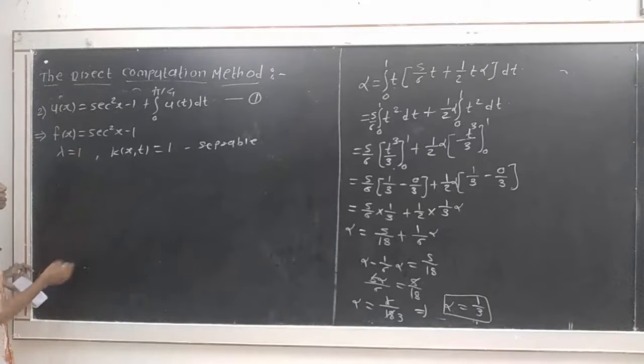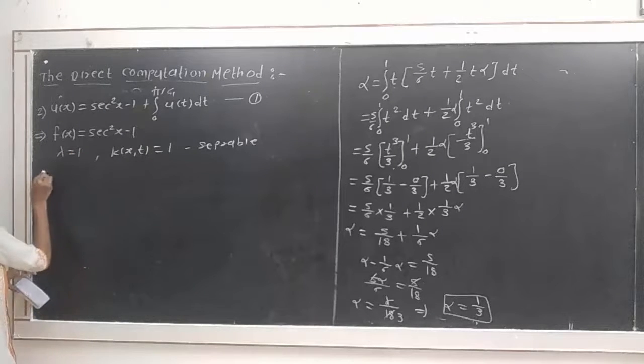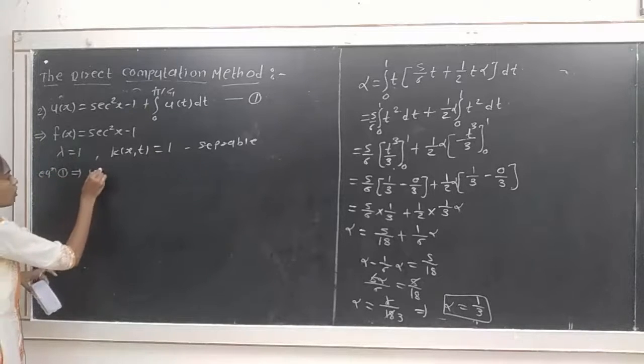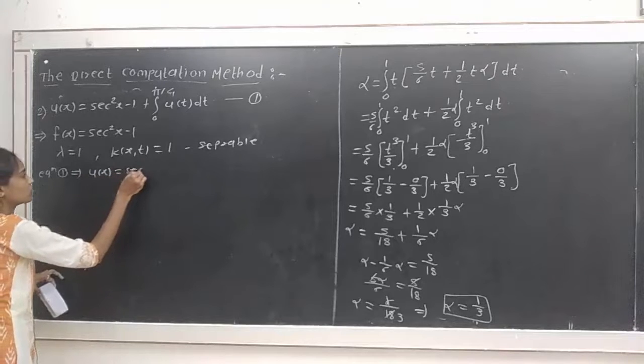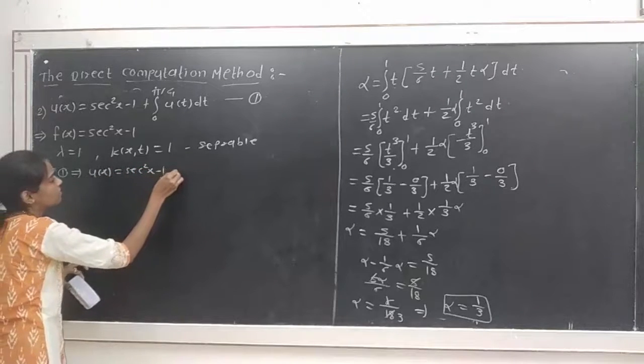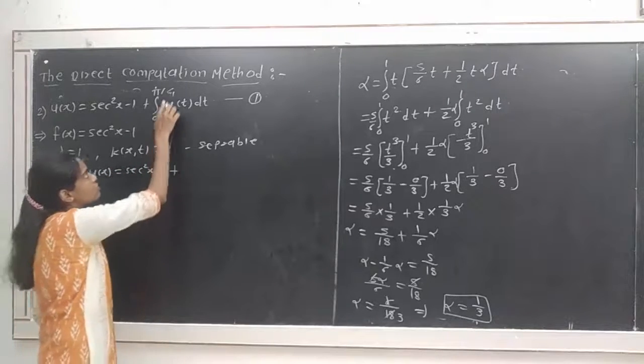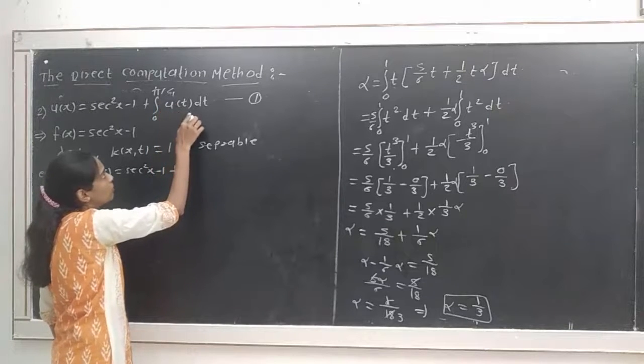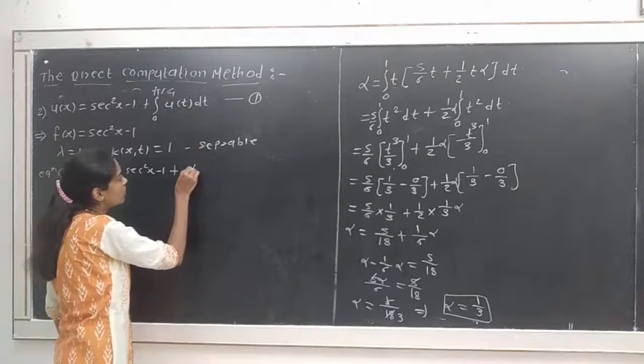Okay, then by direct computation method, from equation number 1 we can write u of x is equal to sec square x minus 1 plus we take this integration 0 to pi by 4 u of t dt is equal to alpha.